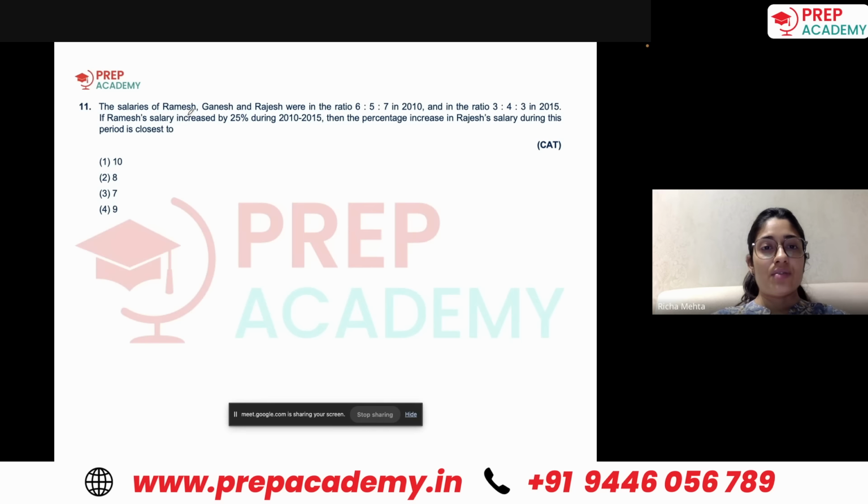The salaries of Ramesh, Ganesh, and Rajesh were in the ratio 6 is to 5 is to 7 in 2010 and in the ratio 3 is to 4 is to 3 in 2015. If Ramesh's salary increased 25%, then the percentage increase in Rajesh's salary will be closest to.